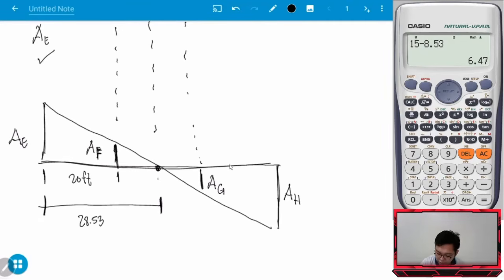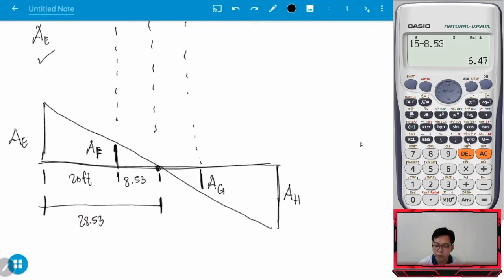Now, ito, from here, so column A to B, that is actually 20 feet. Okay? So, meaning, ito, from B to the neutral axis is actually 8.53. So, saan galing yan? That's just equal to 28.53 minus 20. Now, itong nasa kabila, ito, that is actually 15 minus 8.53. Kasi the column from B to C is 15, di ba? So, 15 minus 8.53.